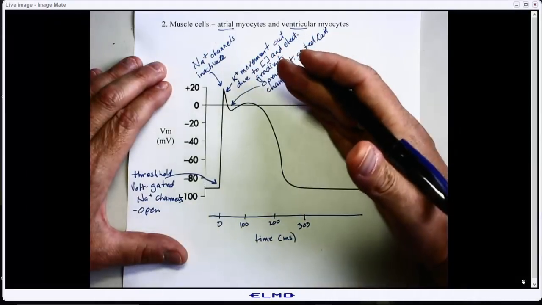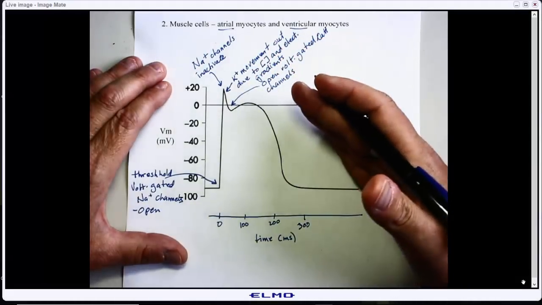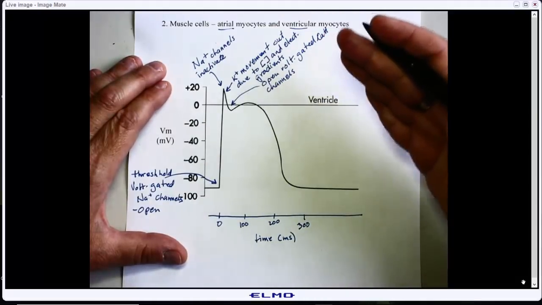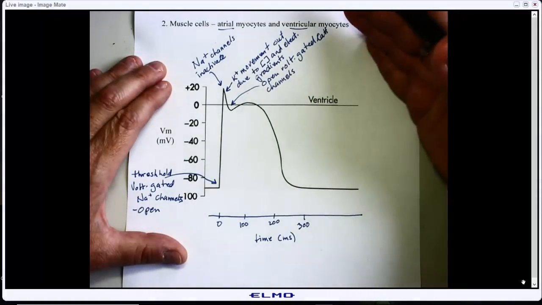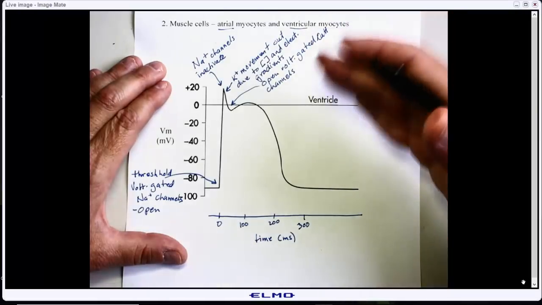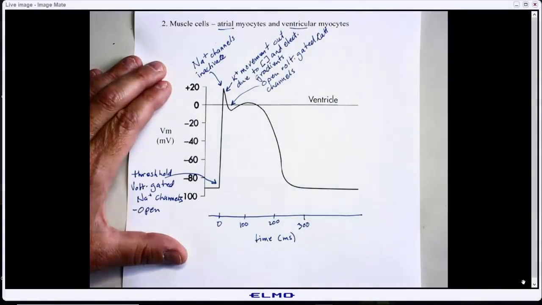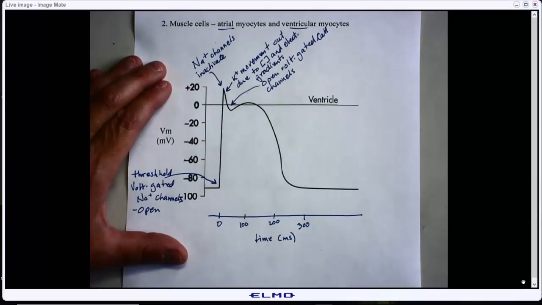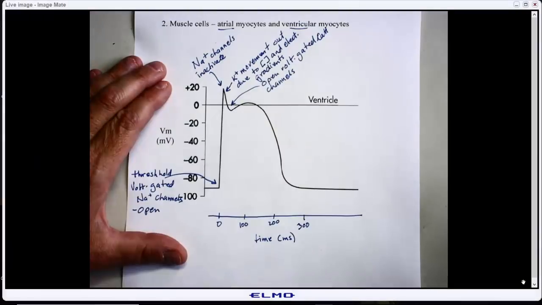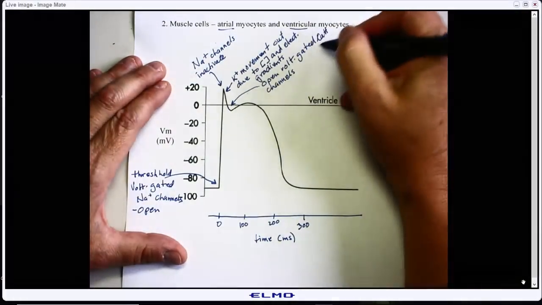That trigger calcium produced calcium-induced calcium release from the SR in a myocyte, and that calcium from the SR went to the cross bridges where it promoted actin-myosin interaction and contraction. That's a real short synopsis of how a myocyte contracts. It all started with trigger calcium, opening voltage-gated calcium channels.